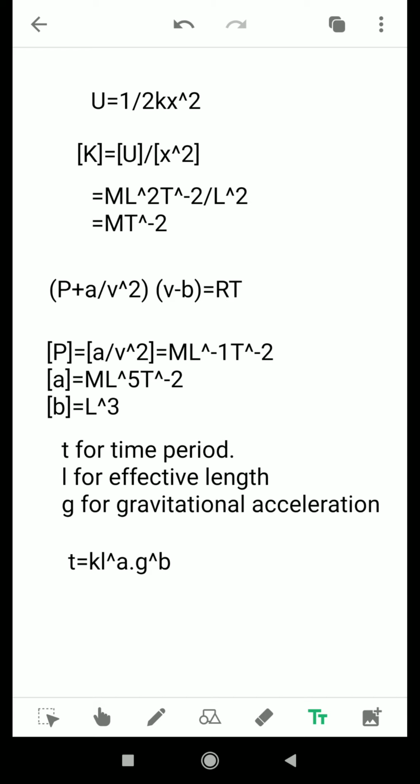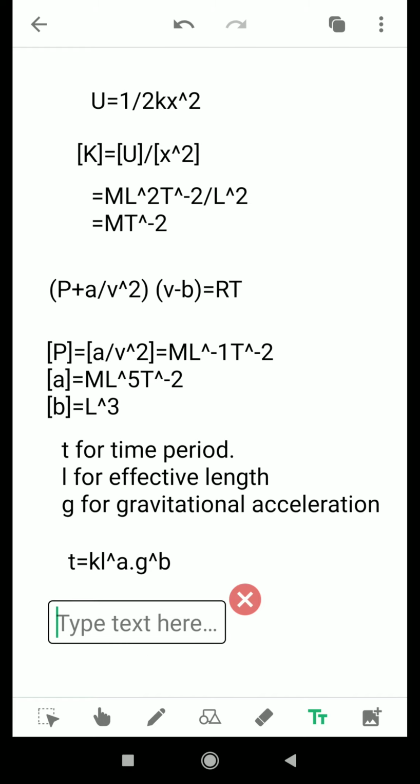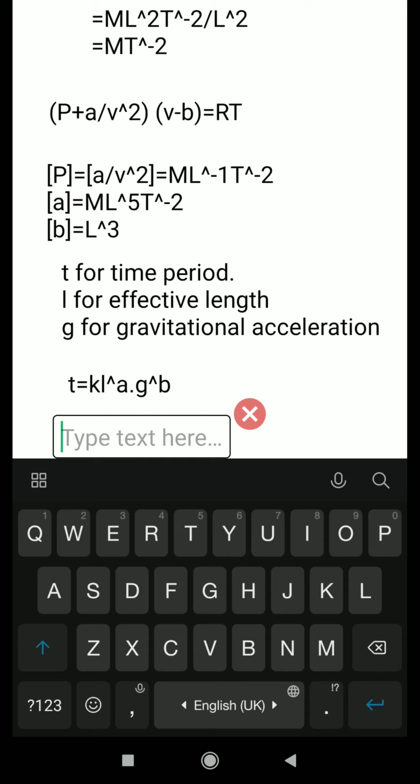So let's find out a and b. If we can find the values of a and b, then we have got the formula. We will put the values of a and b in this formula after finding them, so that we relate the dimension of the left side with the dimensions of the right side. Clear? So the dimension of the left side is capital T, that is time.